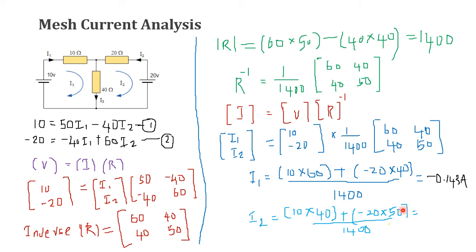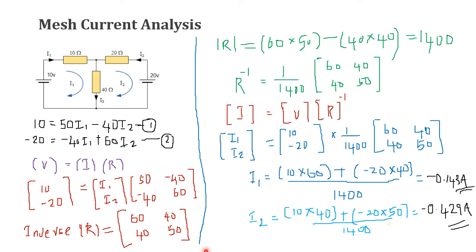On the top side minus 600, here 1400, therefore minus 0.429 ampere. So these are the answers. This is a very easy method for complex circuits.